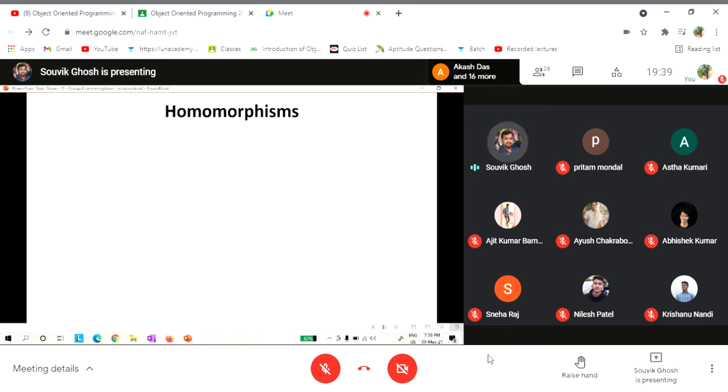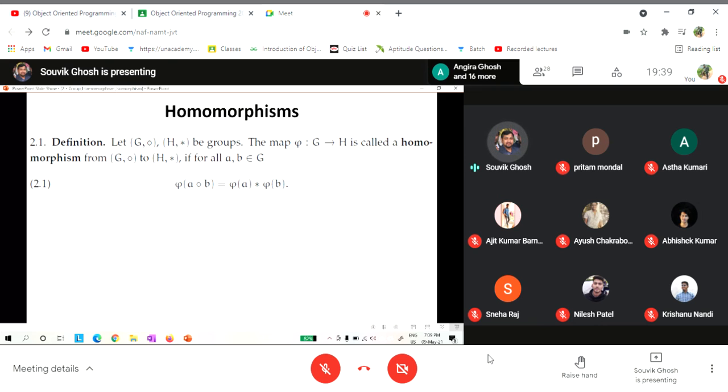Now what do we mean by homomorphism? In homomorphism you should have two different groups, that is, let us write this as G with the symbol composition.